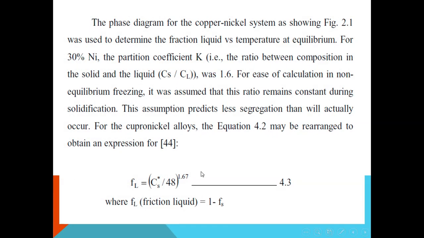The phase diagram for the copper-nickel system, as shown in figure 2.1, was used to determine the fraction liquid versus temperature at equilibrium for 30% nickel and 70% copper. The partition coefficient K, the ratio between the composition in the solid and the liquid, Cs divided by Cl, was 1.6.